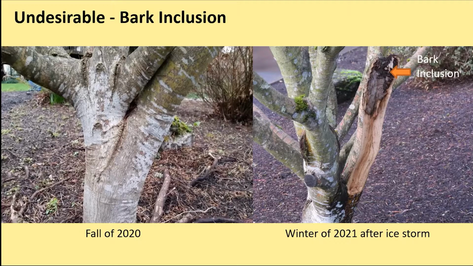And after the ice storm a couple weeks ago, I went out and checked on this tree again. And here we can see the bark inclusion. See all that dark material, which looks really different from the cambium wood. And that is the bark, which kept the branches from forming a very strong bond. And so it's no surprise that branch broke off.